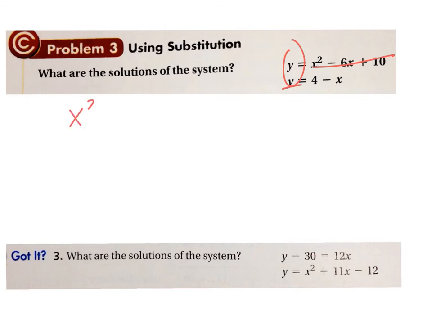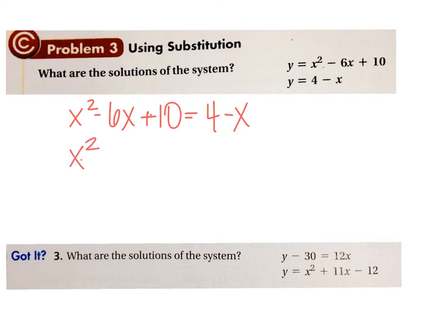I get x squared minus 6x plus 10 equals 4 minus x. So if I move everything to the left-hand side, I get x squared. If I add x, I get minus 5x. If I subtract 4, I get 6.